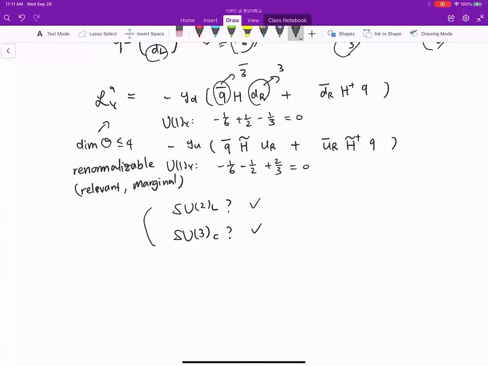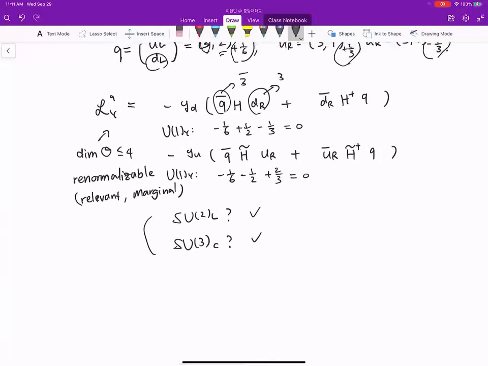Then you can follow the same discussion. Of course, now in the unitary gauge, you need to put the primed quantity in the doublet. Just expand them.